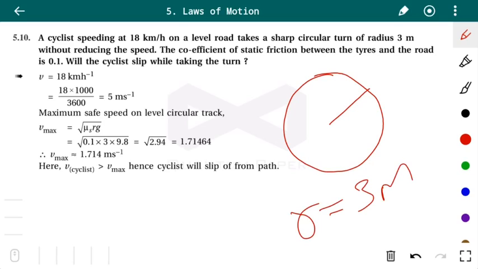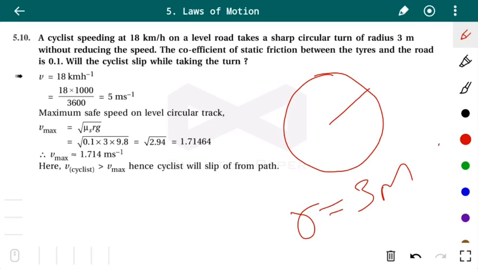Without reducing the speed, that means the speed is constant. The coefficient of static friction between the tires and the road is 0.1, that is mu s equals 0.1. Will the cyclist slip while taking the turn?